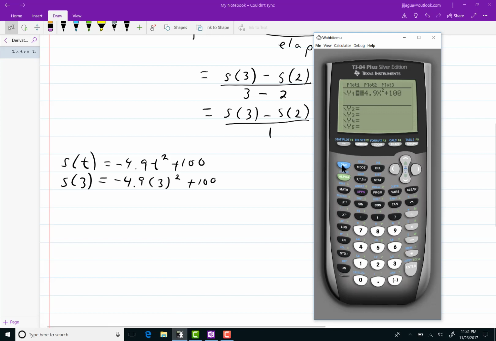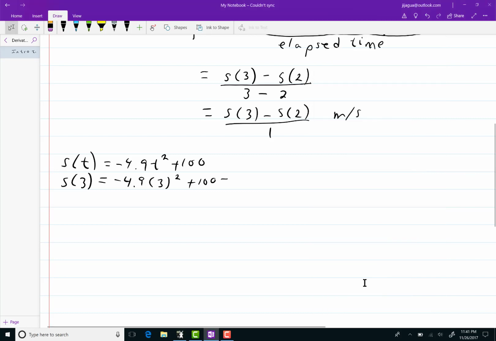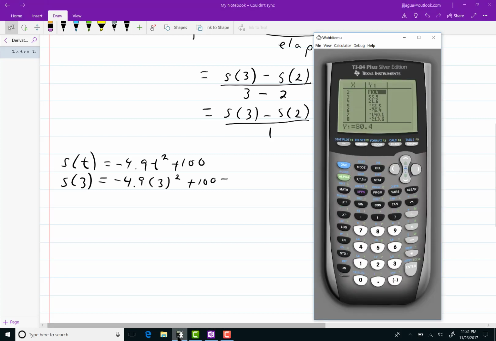And what I'll do is set my table to start at 2 and to increment by 1. And now let me take a look at these values.